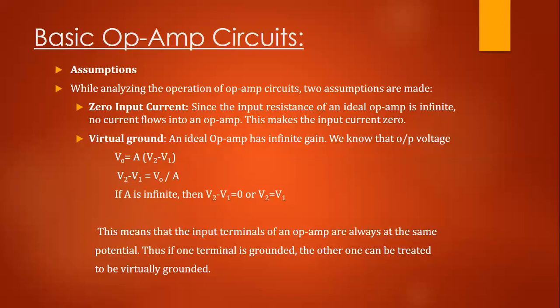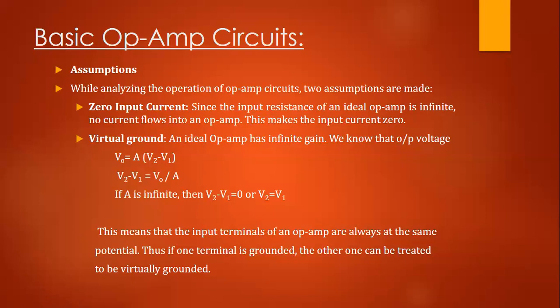This means that the input terminals of an op-amp are always at the same potential. Thus, if one terminal is grounded, the other one can be treated to be virtually grounded.